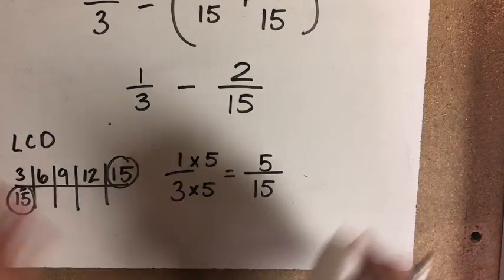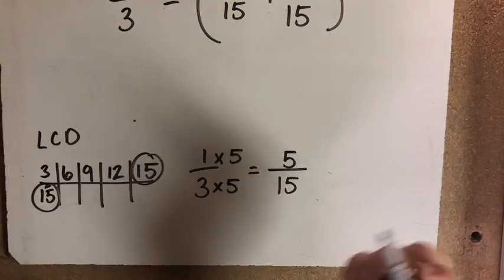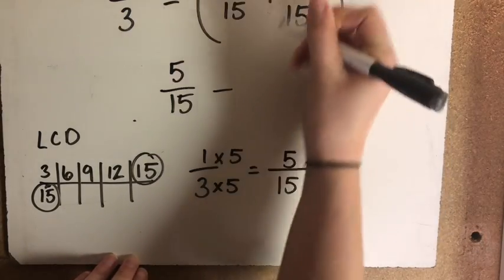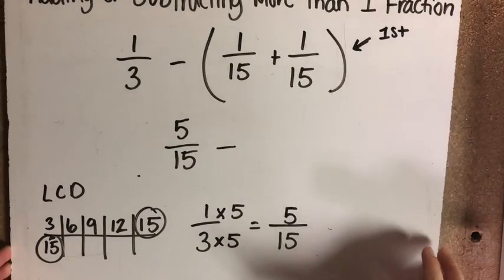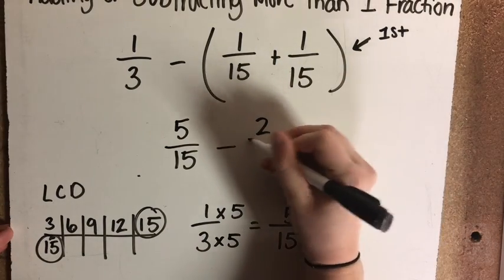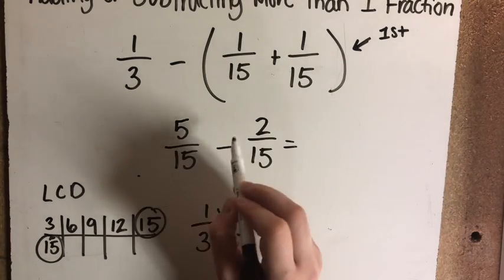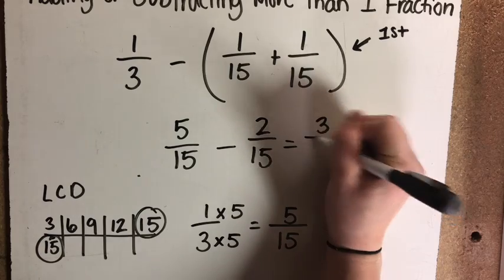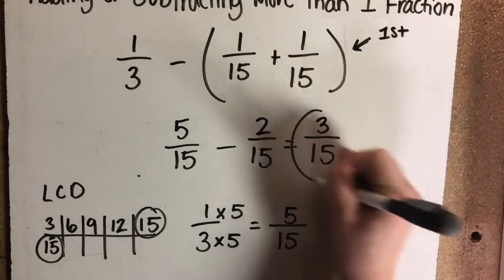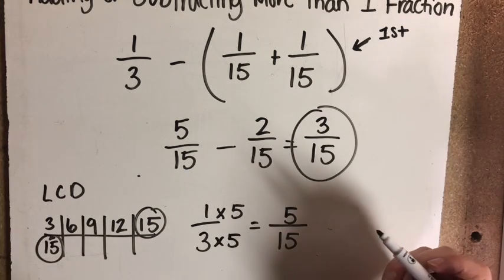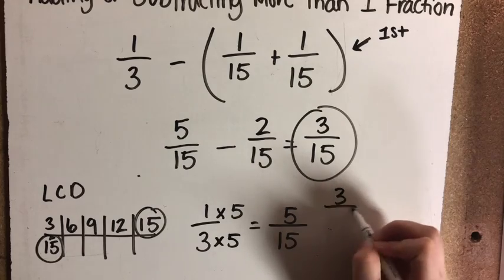Okay, so if I were to rewrite my problem now, I have 5/15 minus that 2/15 I got from my first part. So I'm doing 5 minus 2 and I get 3/15 as my answer.